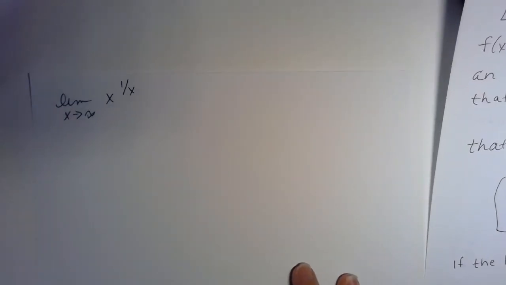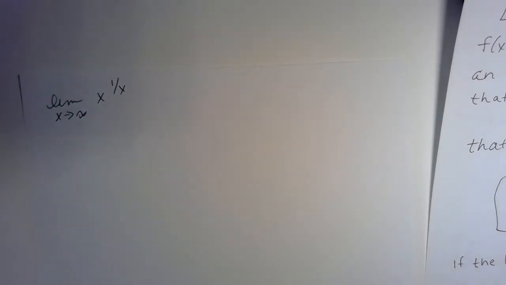Okay. So in this particular case, I have the limit as x goes to infinity of x to the 1 over x. So if I think about this, really, then I have infinity to the 1 over x. Now the limit as x goes to infinity of 1 over x is 0.